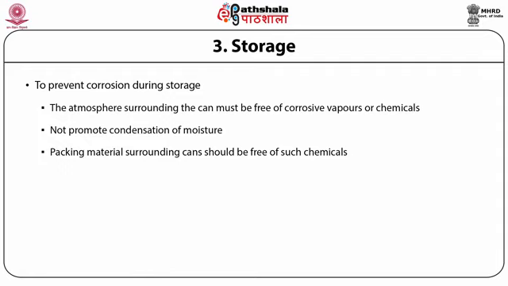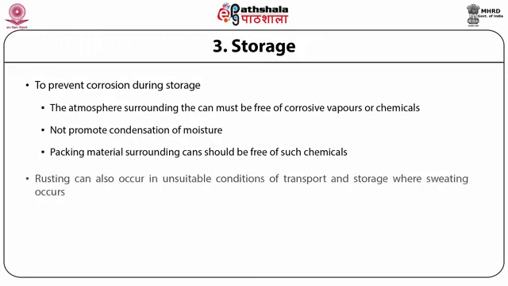The shrink wrapping of cans, while protecting them from promoters of corrosion found in the atmosphere, can cause problems of condensation if the air inside the shrink wrap contains a considerable quantity of water vapor and the package is later subjected to a drop in temperature. Rusting can also be caused by unsuitable conditions of transport and storage where sweating occurs.